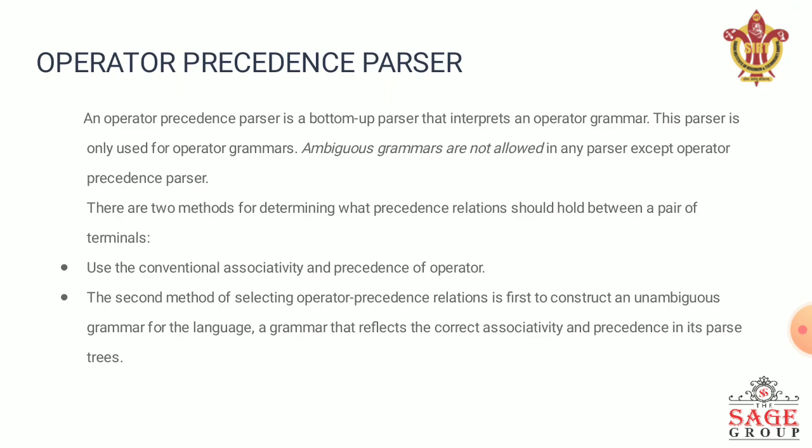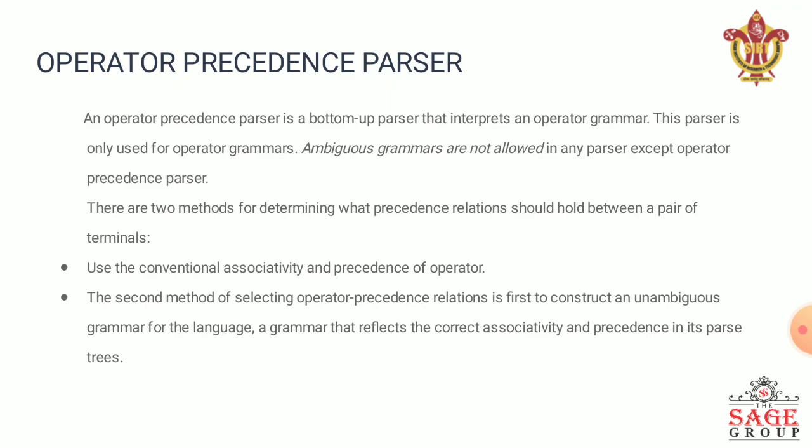As we studied the various types of previous parsers, we saw that ambiguous grammar is not used to generate that type of parser, but operator precedence parser allows ambiguity. Means ambiguous grammars can be used for operator precedence parser.